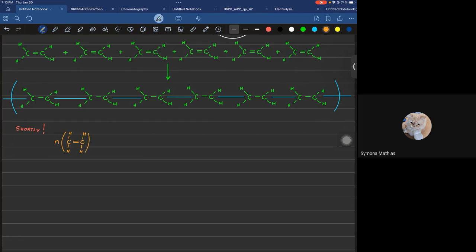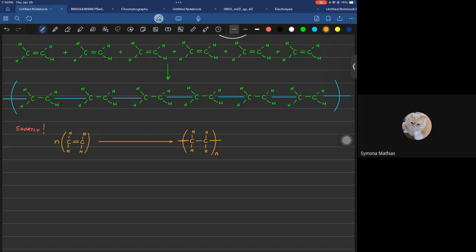So I have n number of ethene molecules that are going to join together at higher temperature and higher pressure, and they would be forming a polymer. You will see single covalent bonds. I can show a continuous chain on the left-hand and right-hand side, and this is n. This is the shorthand representation to represent the polymers.